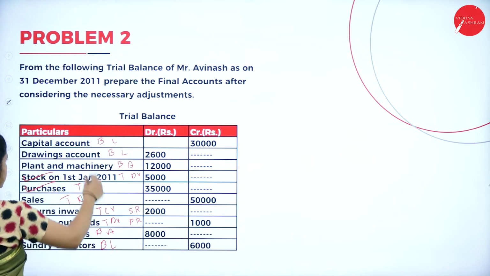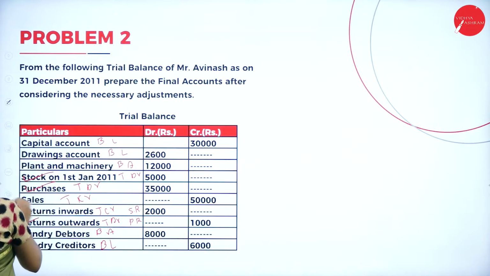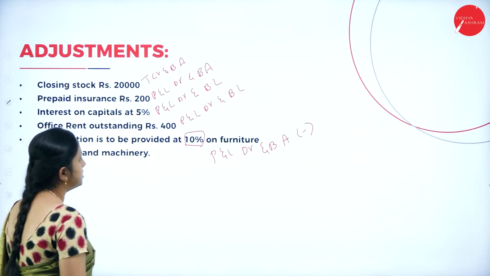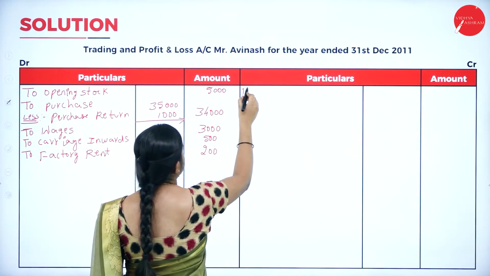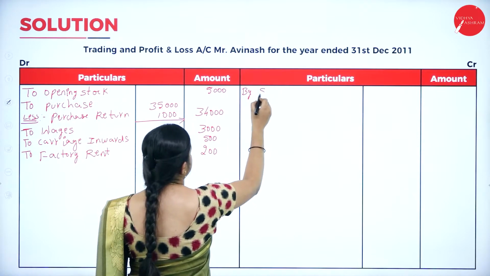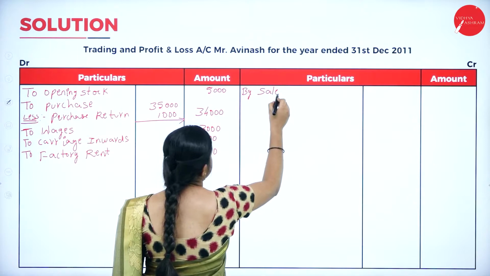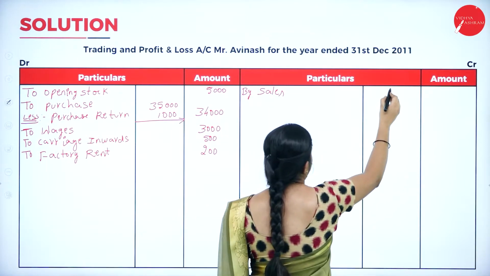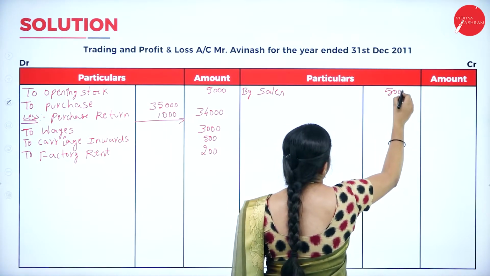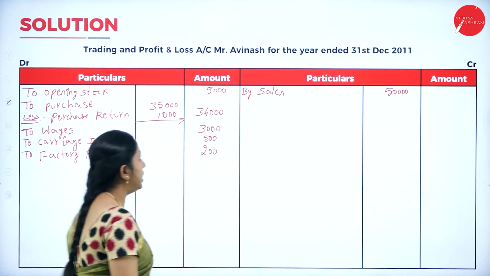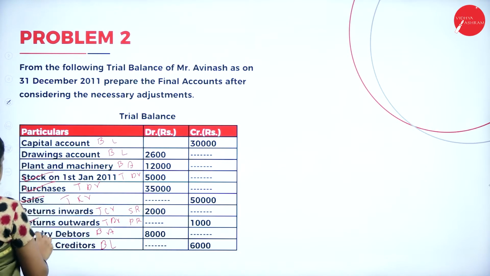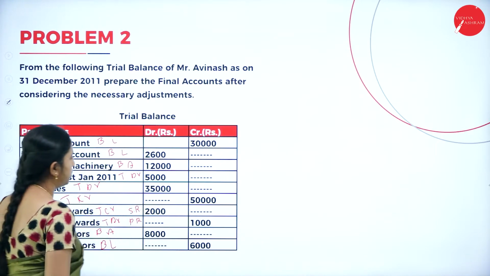Now come to trading account credit side. We have sales. Sales rupees 50,000. Right? By sales 50,000. We have sales return. So write the amount in inner column, sales 50,000. Then return inwards, that is sales return 2,000.